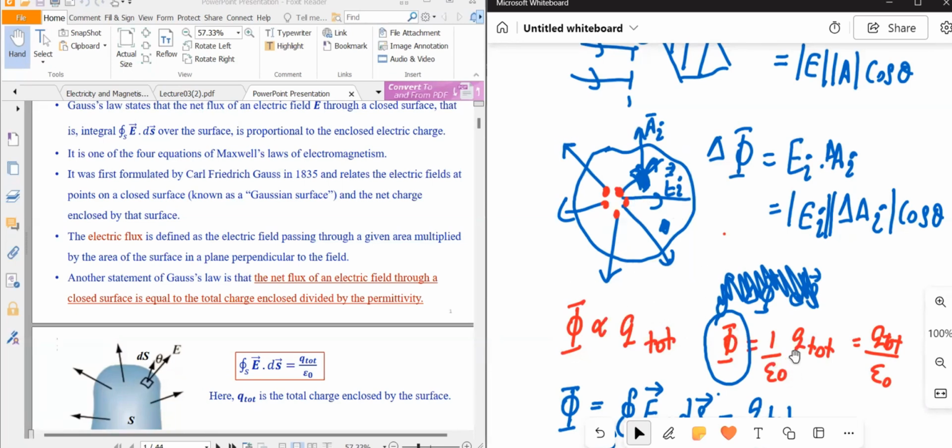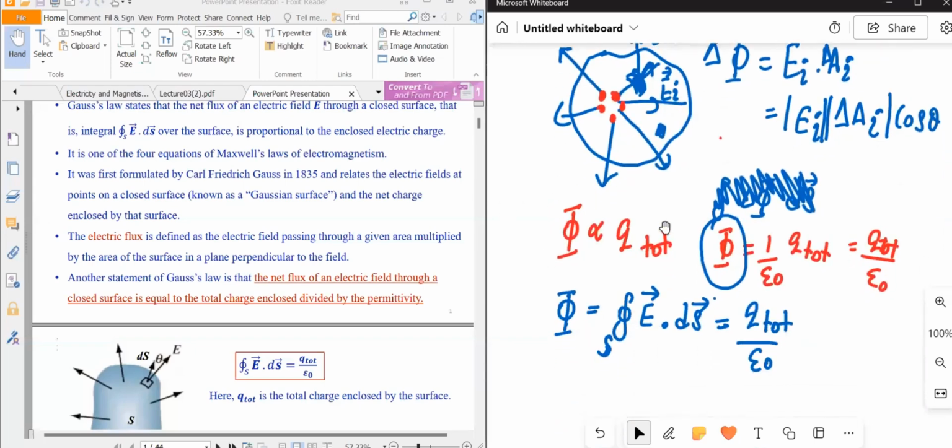Then if I consider previous calculations, scientists have found that the proportionality constant is 1 over epsilon naught. Then flux is equal to the total charge enclosed by this closed surface over epsilon naught. With this equation, for the whole surface, I can calculate the net flux through this closed surface.